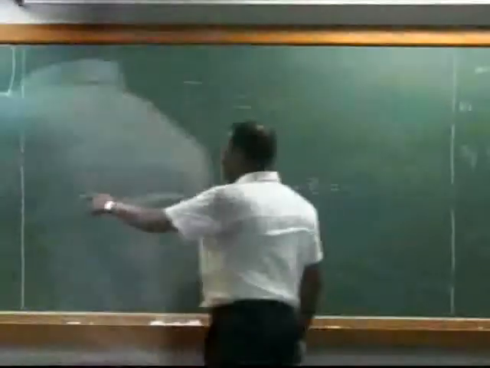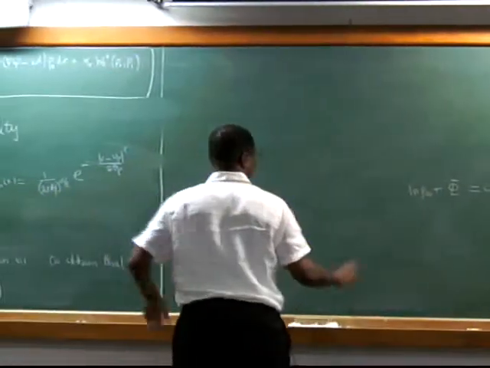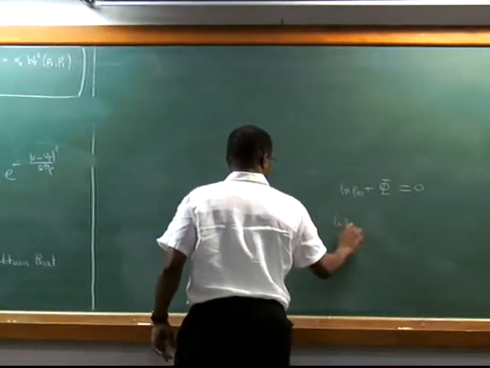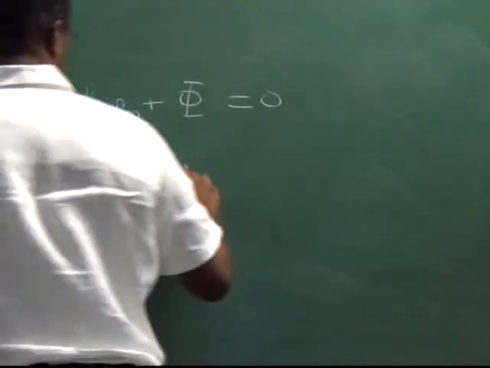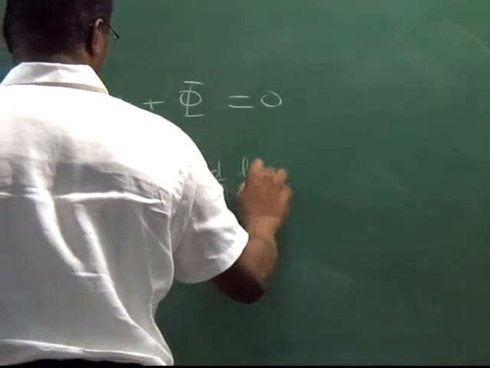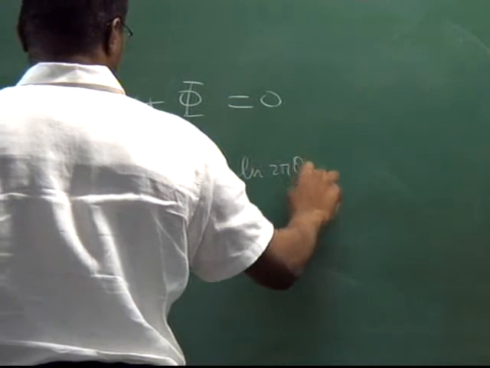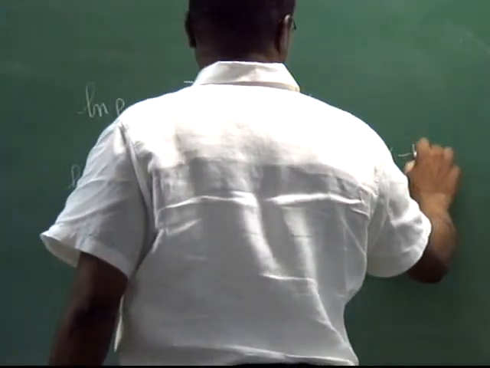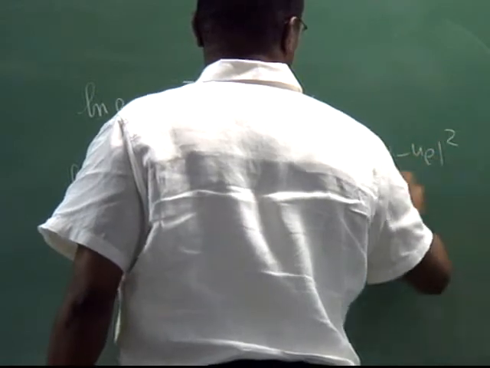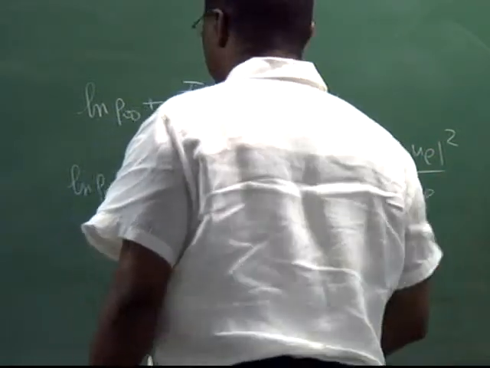So if I compute log of rho infinity, what I get is negative d over 2 log of 2 pi theta rho minus |v minus u rho| squared divided by 2 theta rho.